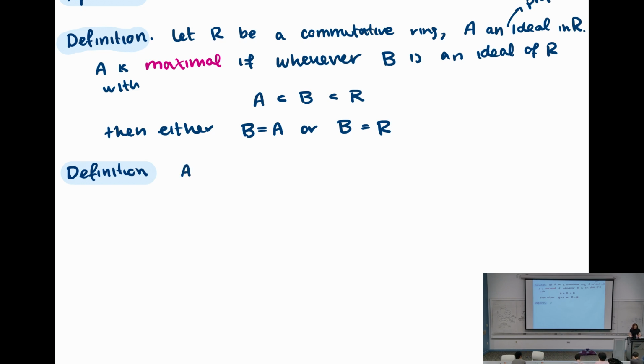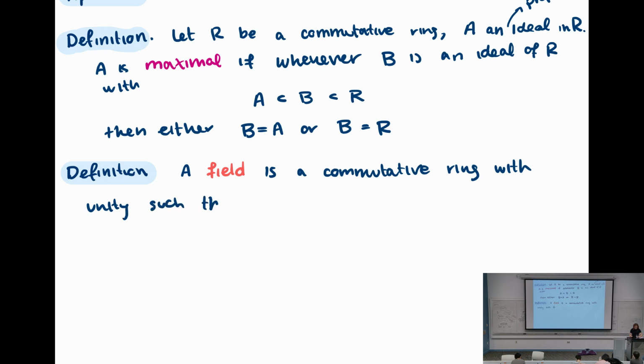A field is a commutative ring with unity such that every non-zero element is a unit. Okay, so what does this mean?